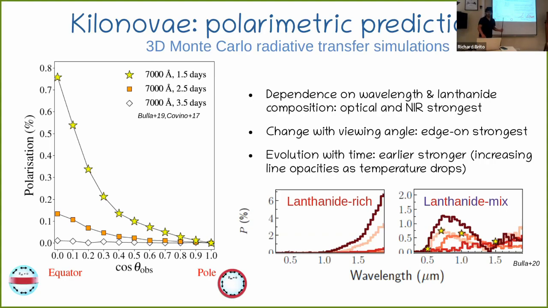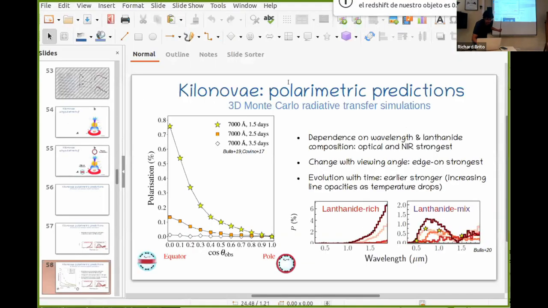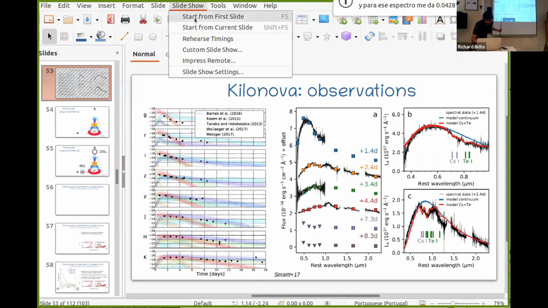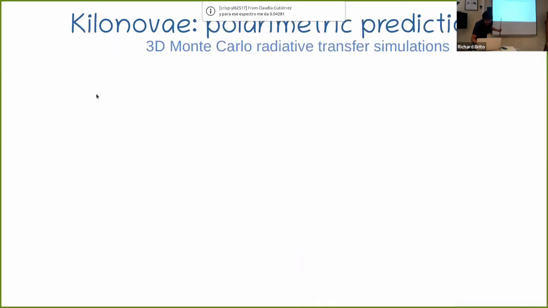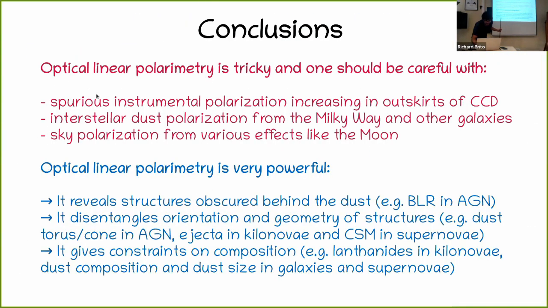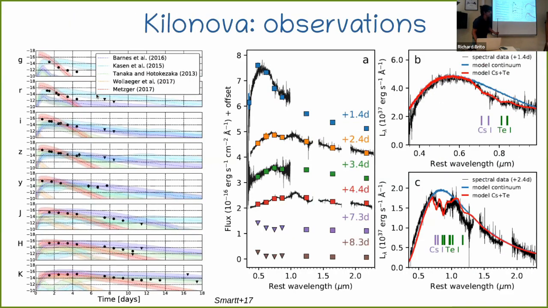I didn't show you this, but I can show you. It's at the end. Here, this is the actual data from the kilonova. This is the light curve, so the evolution of the brightness in different filters as a function of time, and the points are the data.